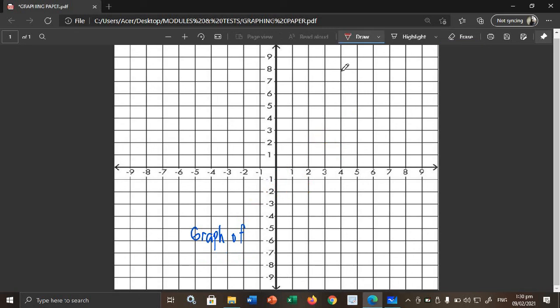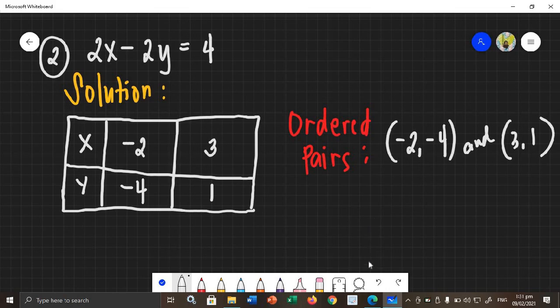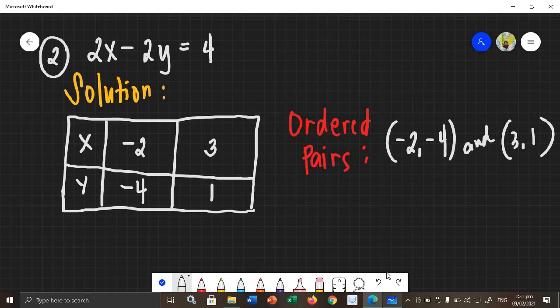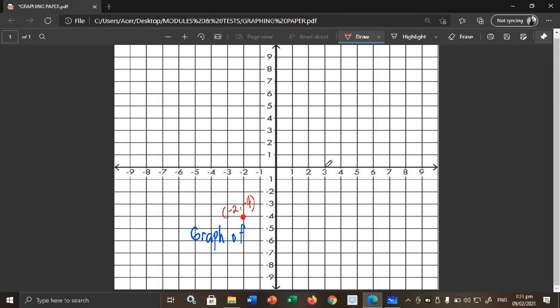So the first point is negative 2 and negative 4. Okay, so plot natin siya sa Cartesian plane. So it will be here, negative 2, negative 4. And then the second point or ordered pair is 3 and 1. So we have 3 and 1.